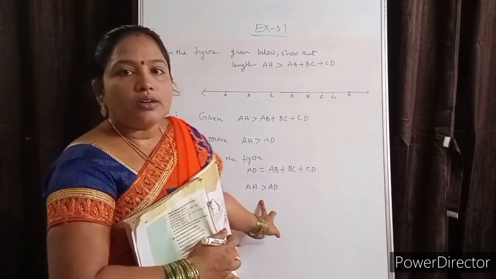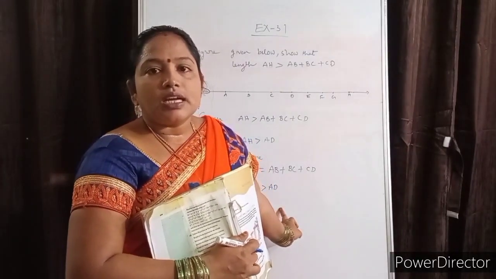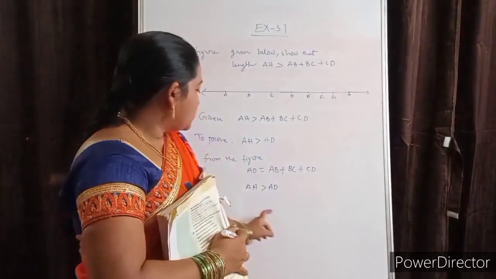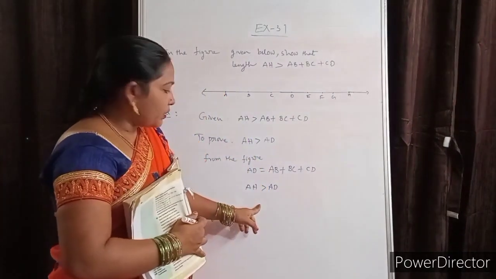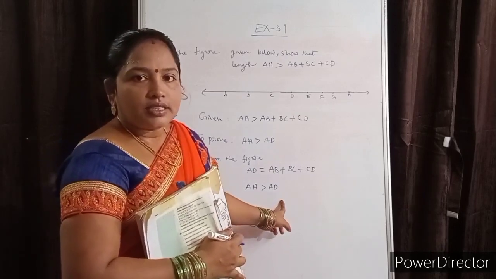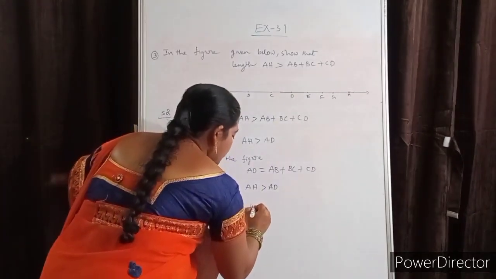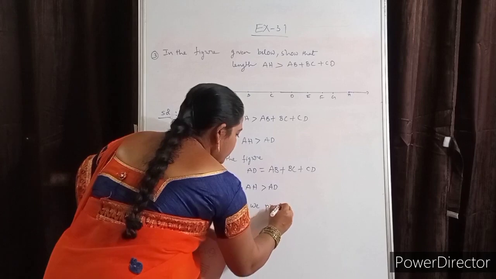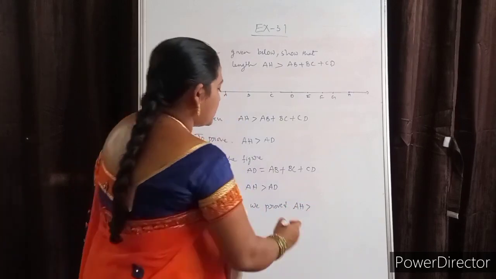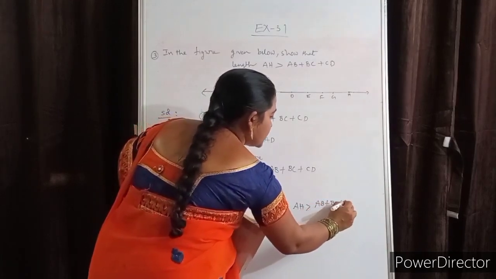This is Euclid's axiom: the whole is greater than the part. So, we have to prove AH is greater than AD, and AD means AB plus BC plus CD.